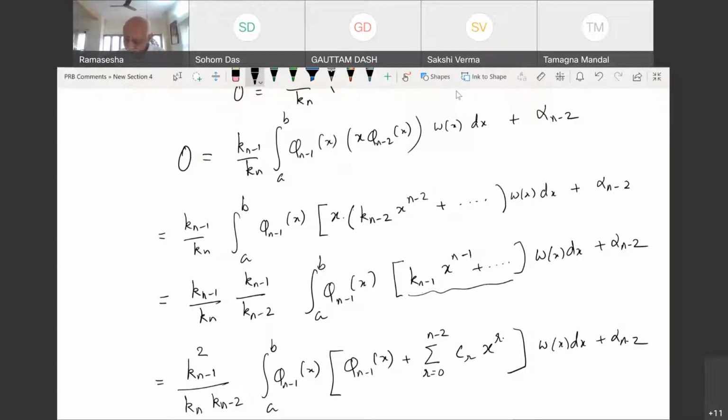Then I'll get k_{n-1} x^{n-1} plus a lot of lower powers of x with some coefficient. Right? Okay, sir, got it.